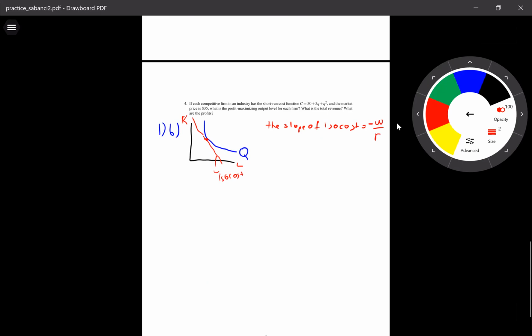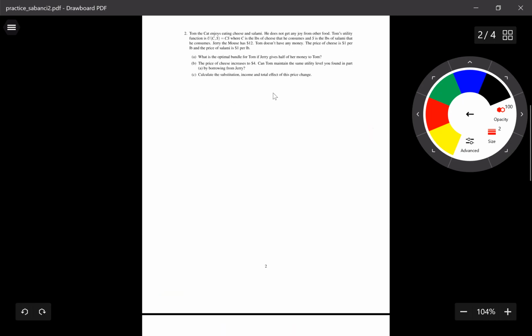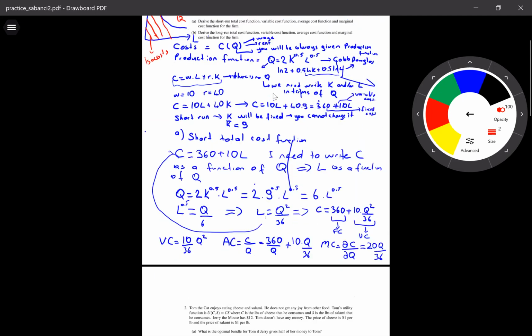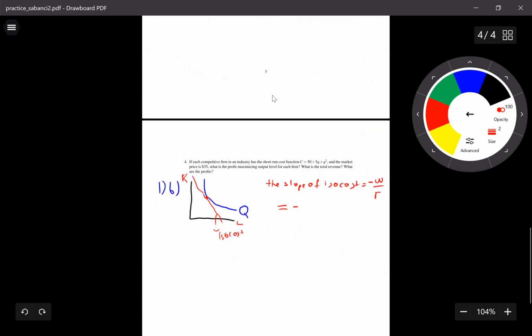What was W? What is the wage? Wage is 10 and the rent is 40. Then it will be minus 10 over 40, which is minus 1 over 4.